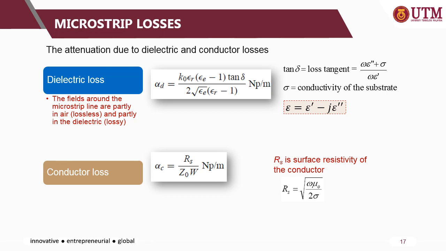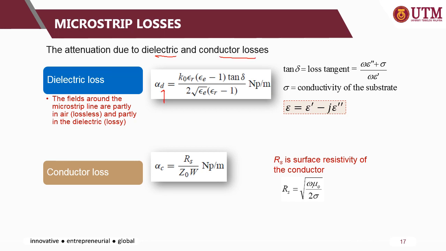Okay, and in practice, there will be some losses due to the property of the dielectric materials where the microstrip metal is placed on, and also the surrounding environment. So there are two common losses in microstrip transmission line, which are the dielectric and also the conductor losses, which can be estimated.